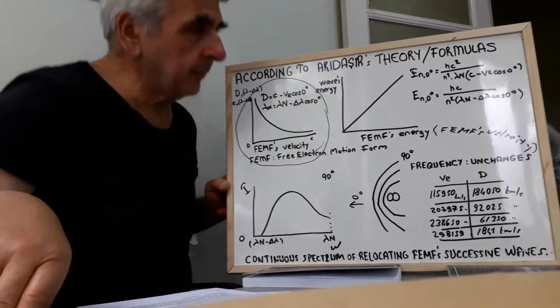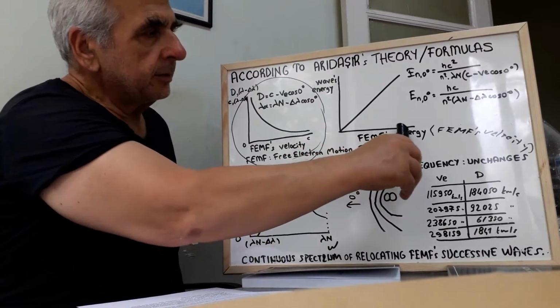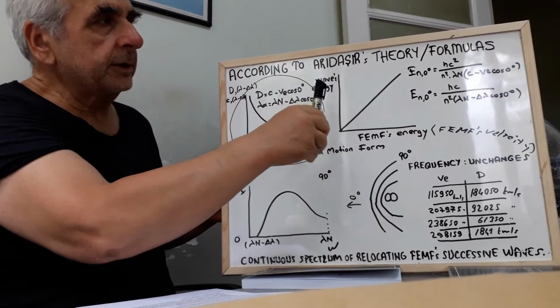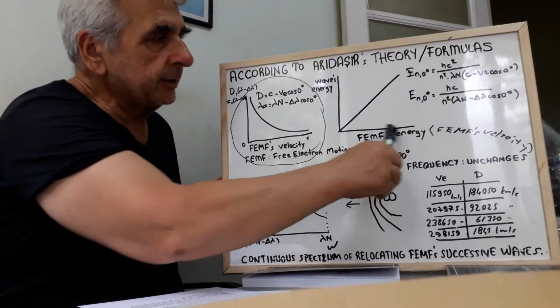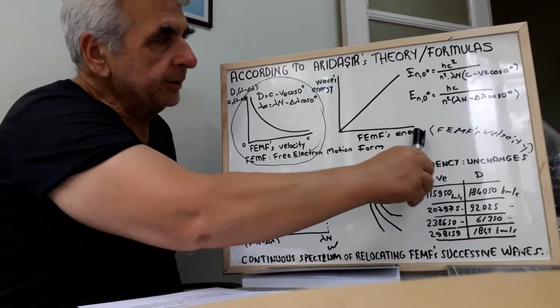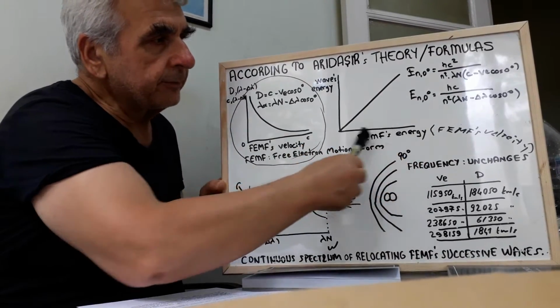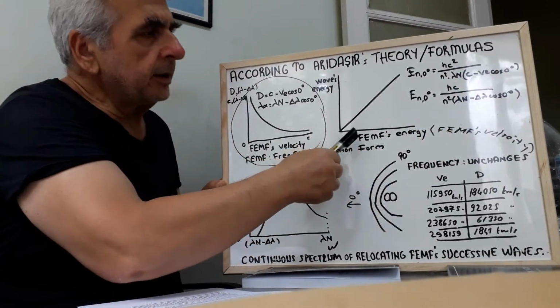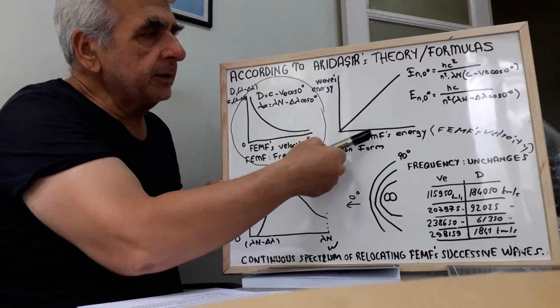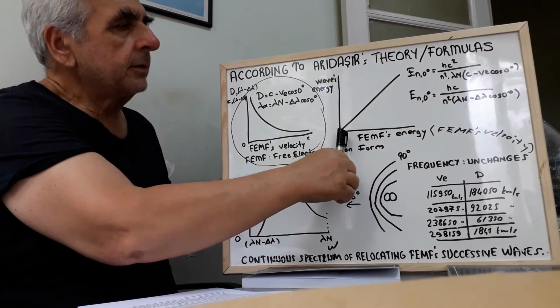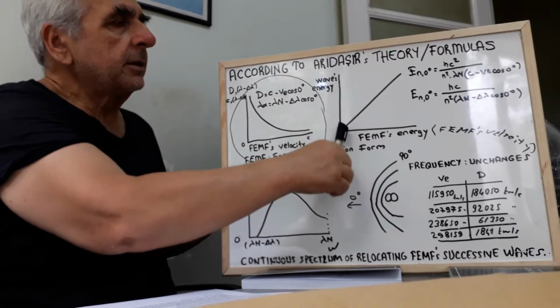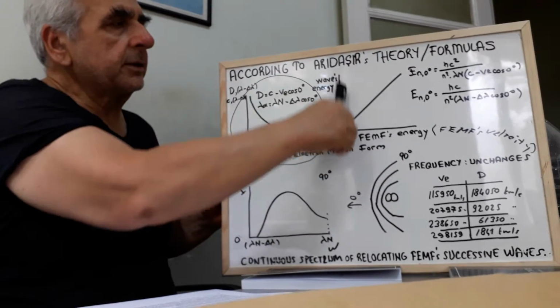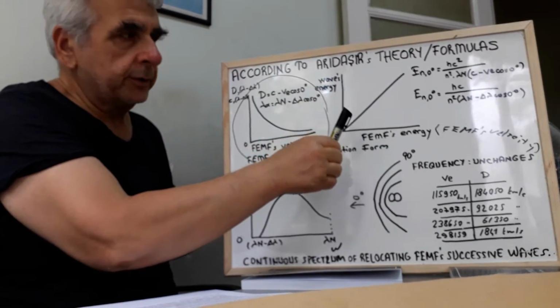Here, according to my theory and my formulas, this is the free electron motion form's energy or velocity. As it is increasing, the wave's energy is increasing, directly proportional.